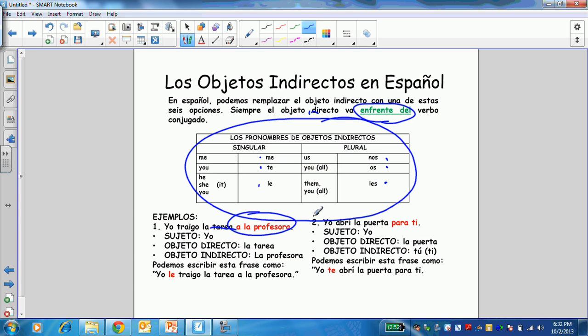So now, if I want to say I bring the homework to her, I need to put le in front of the traigo because the a la profesora, the indirect object, corresponds to this pronoun, the le. So again, the indirect object pronoun goes en frente del verbo conjugado.